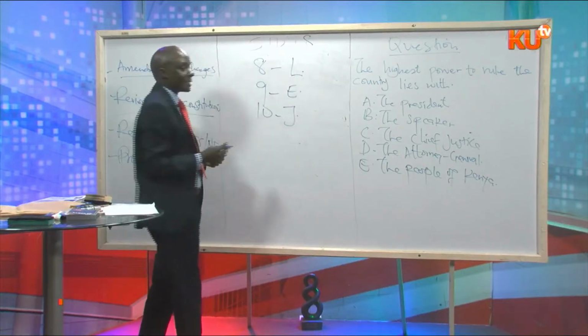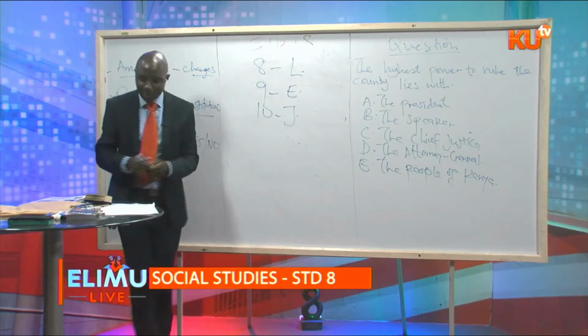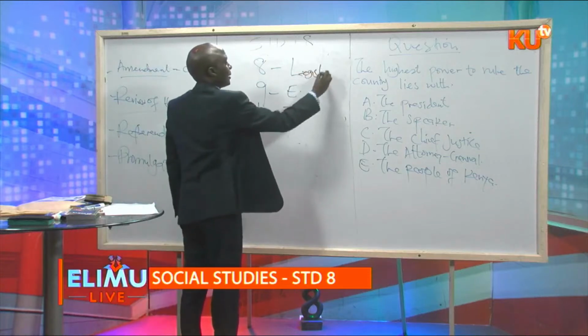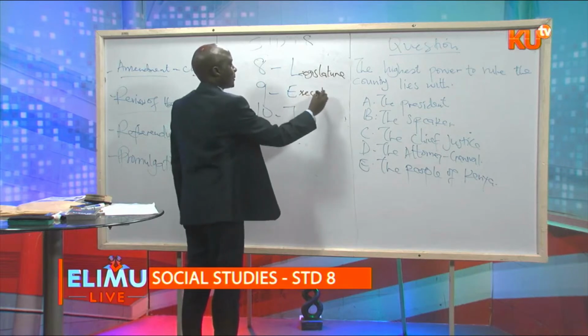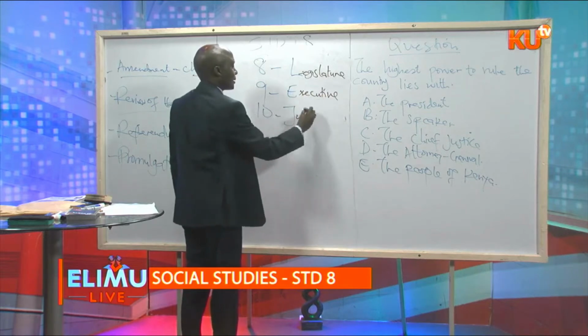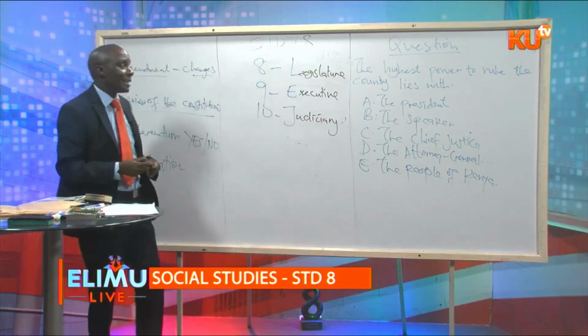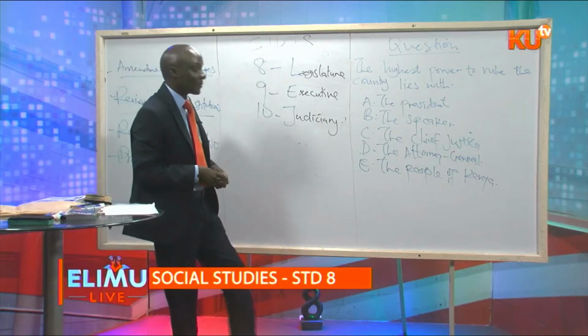It's easy for you to know that. 8, 9, and 10 is ledge. That is, the legislature, the executive, and the judiciary. Just from 8, 9, and 10, you know that it's ledge.